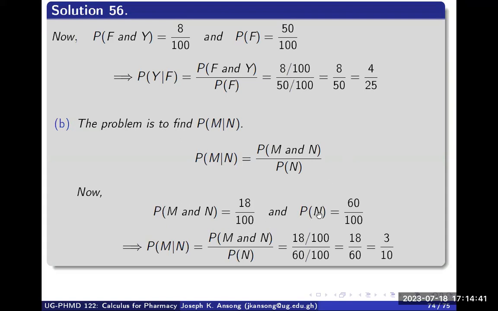The probability of all those who said no is 60 out of 100. If you divide, you have 18 out of 60, or 3/10. And that gives you this conditional probability.